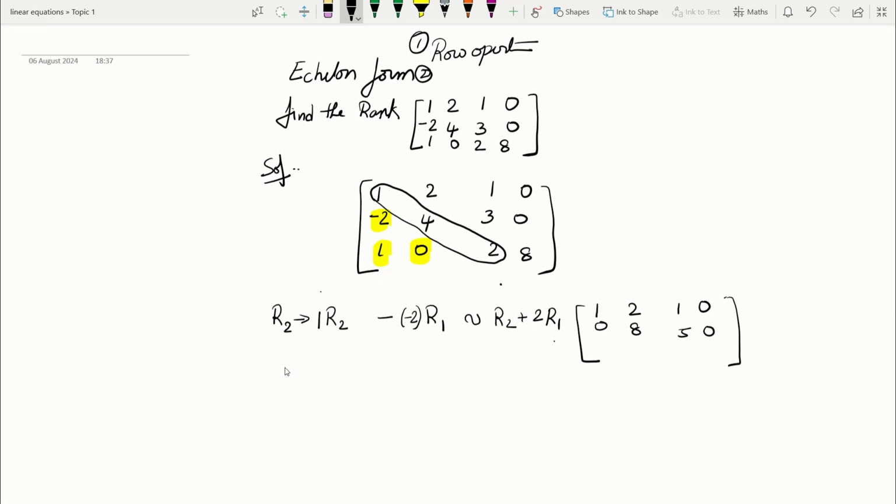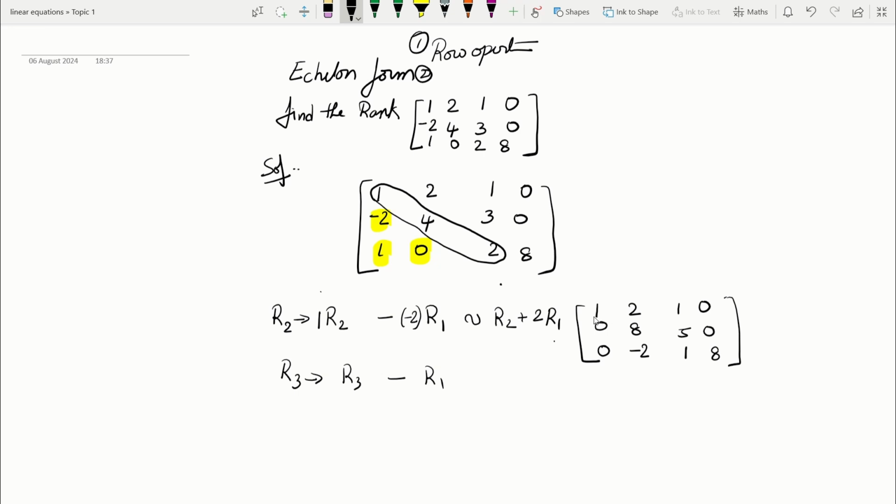Second row is done, and below the diagonal elements I have to make 0, meaning another 2 elements are there. This also I have to make 0. Here this is 1. In the first step, please take help from R1 only. R3 implies R3 minus R1.